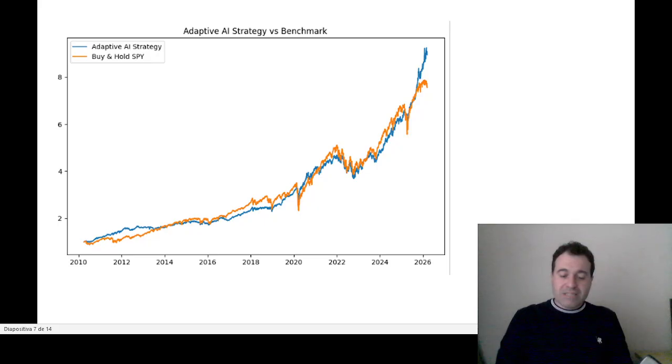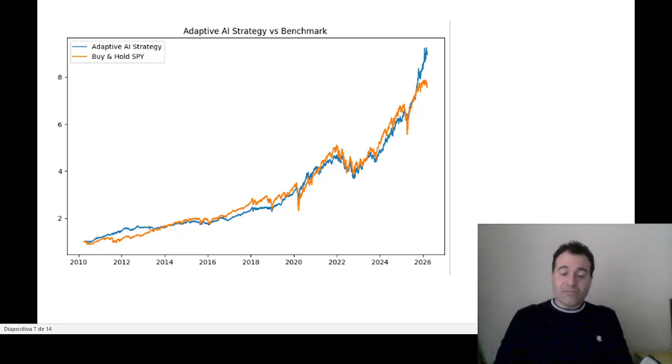This performance improvement arises from two key mechanisms. One, regime awareness. The portfolio adjusts its base allocation depending on the market regime detected by the Hidden Markov Model. Two, momentum tilting. Asset weights are adjusted toward assets with stronger recent performance.